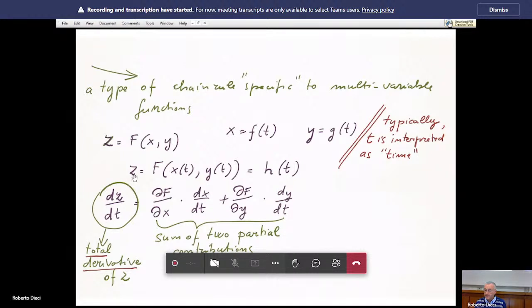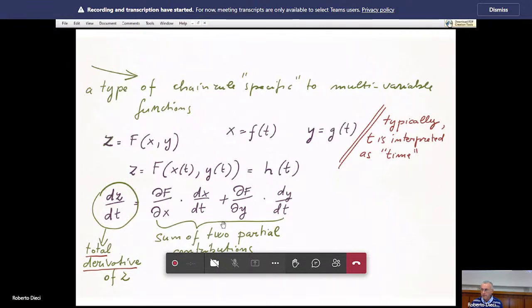So in principle, z is a function of time. Z depends only on time. Time runs, x and y change with time. On their turn, x and y affect z. So it's very reasonable to compute the time derivative of z.